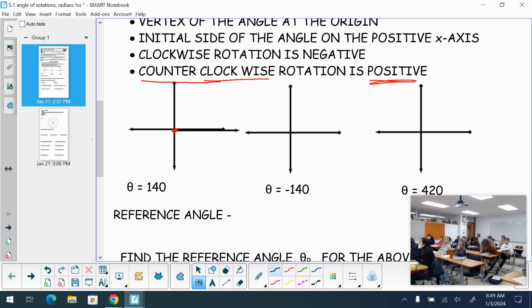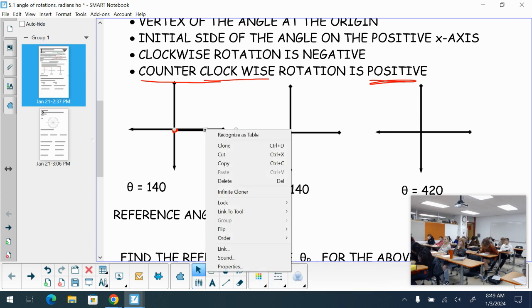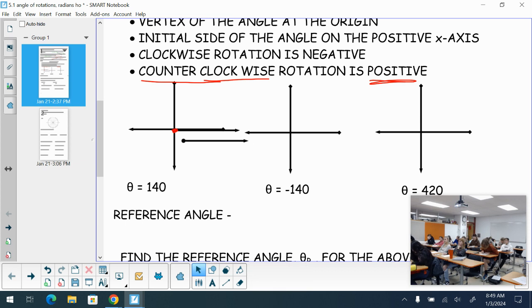So if I'm going to rotate 140 degrees, I'm going to have my initial side here. This is where my rotation starts, and I'm going to rotate this 90 degrees.